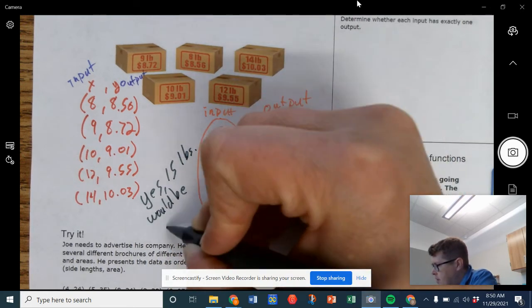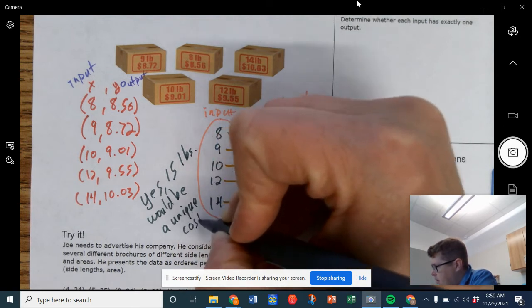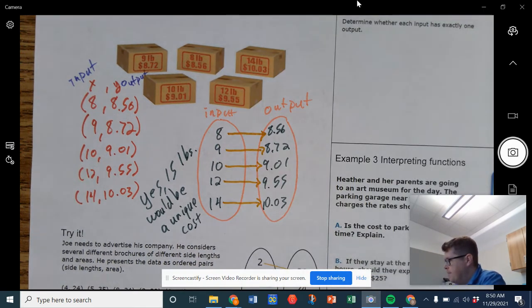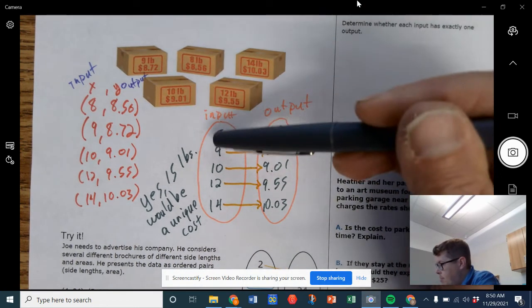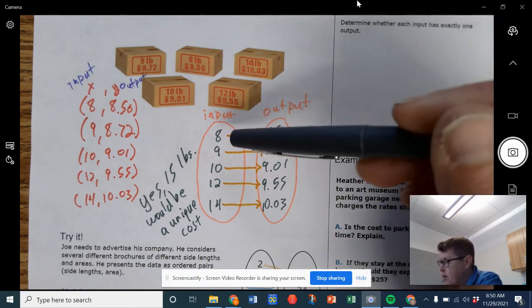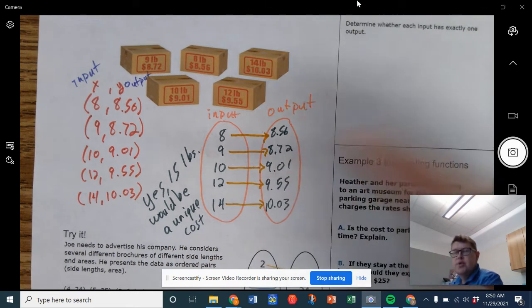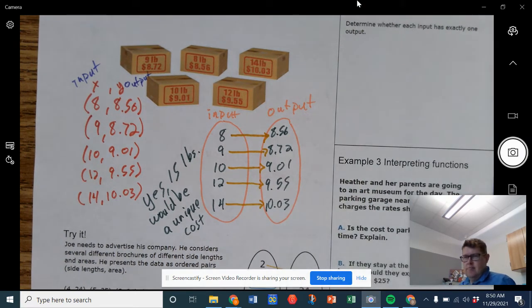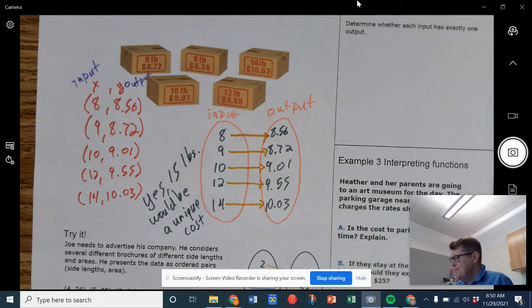Sorry, forgot to put that in there when I was making these this morning. Yeah, because we can clearly see that each input, right, each amount of weight corresponds to exactly one price, right? We don't have 8 being 856 for one package and then 872 for a different package, right? Because that's not how that works when you ship a package, right?